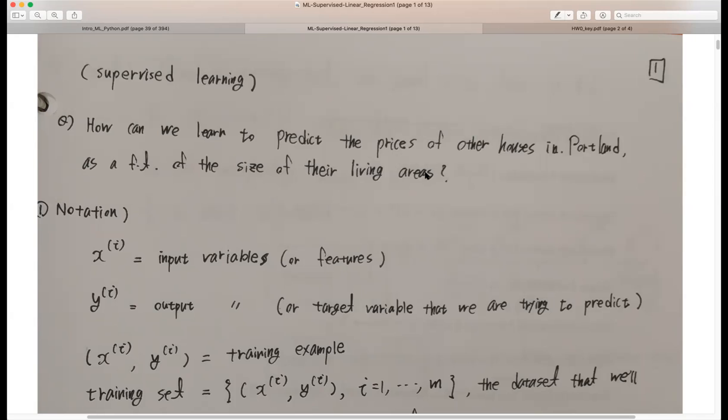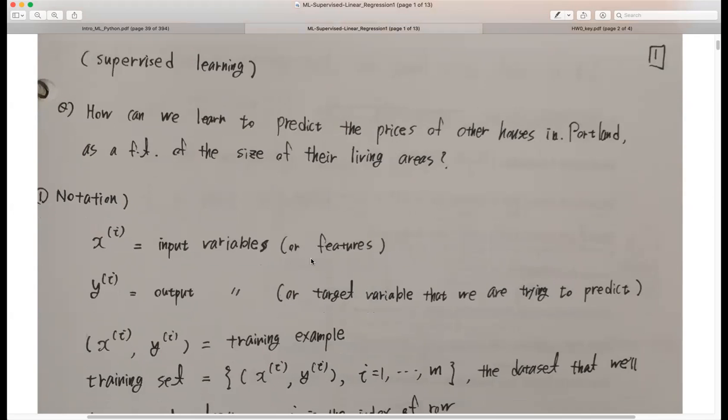The first one, x sub i, is the input variable or feature. So x sub i is the actual living area. When we collect the housing information in Portland, we extract the living area, and that is the input variable.